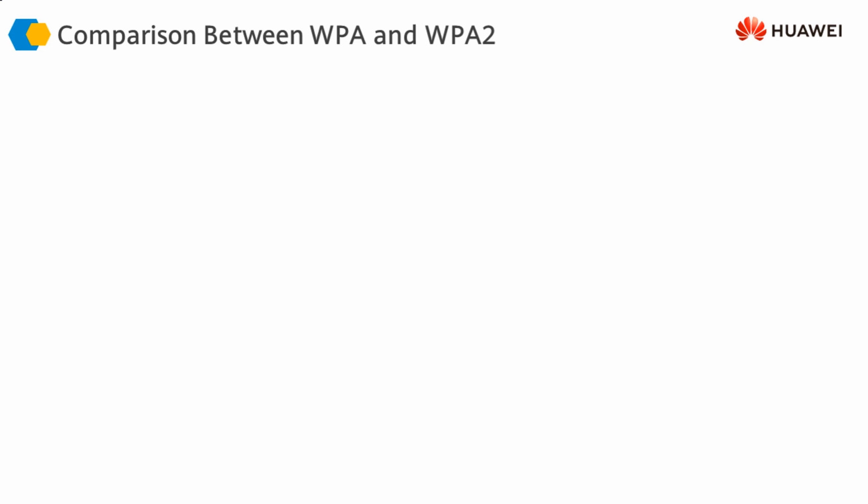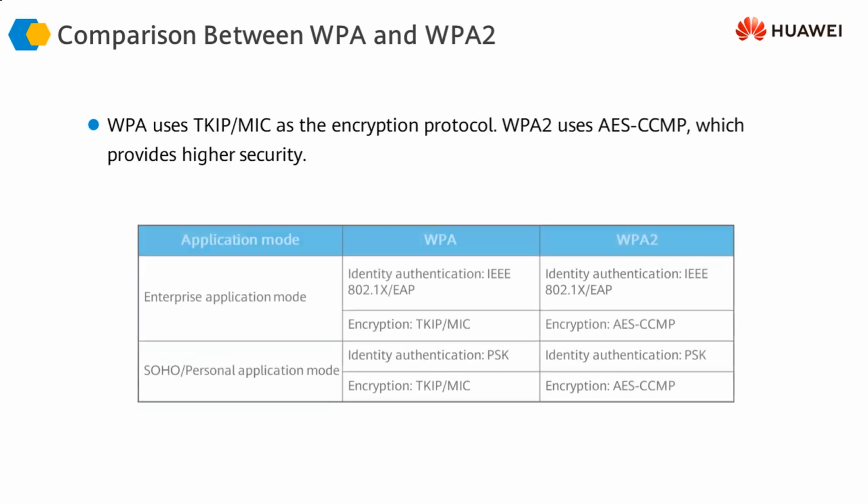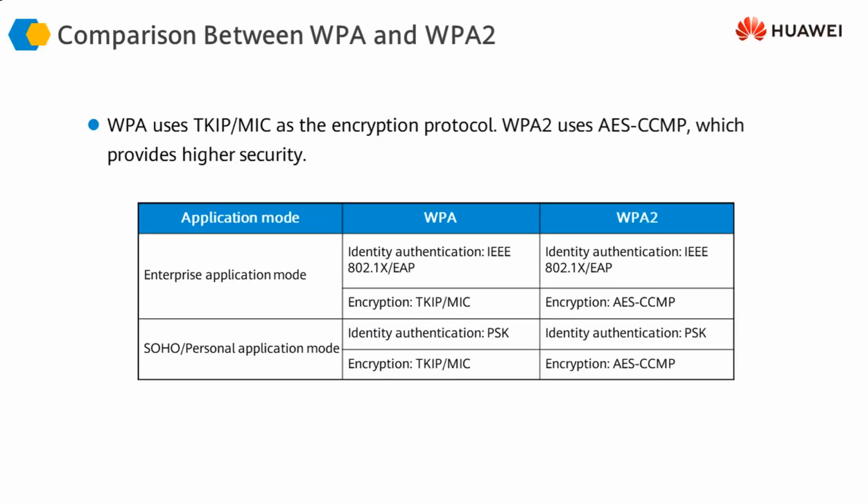The comparison or the difference between WPA and WPA2 is given here. WPA simply uses TKIP and MIC, which are relatively older technologies, for encryption and for key exchange, whereas WPA2 uses the newer AES and CCMP protocols.